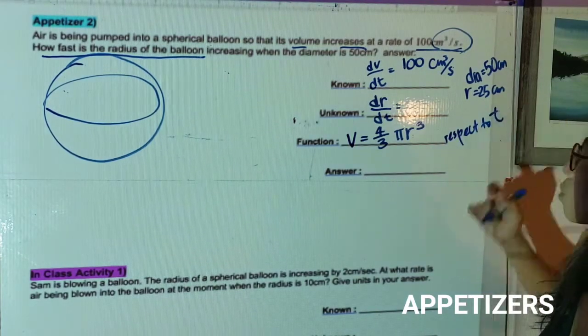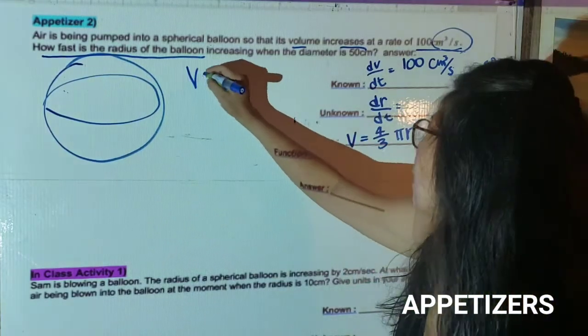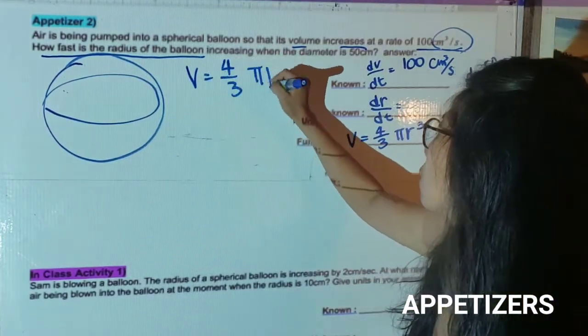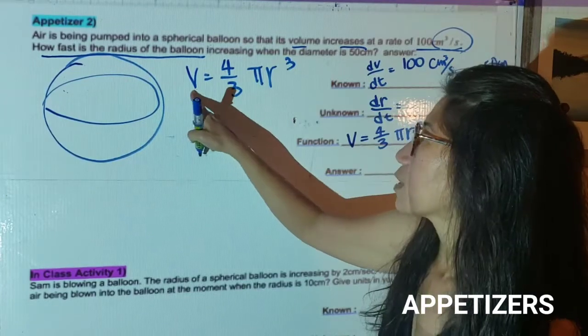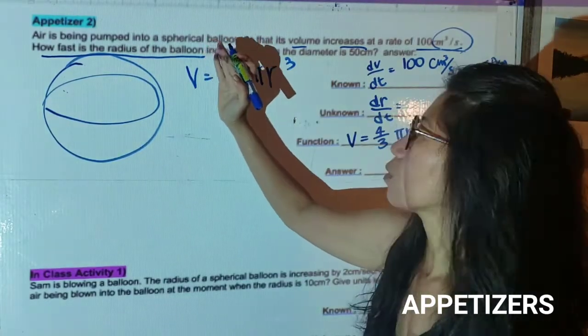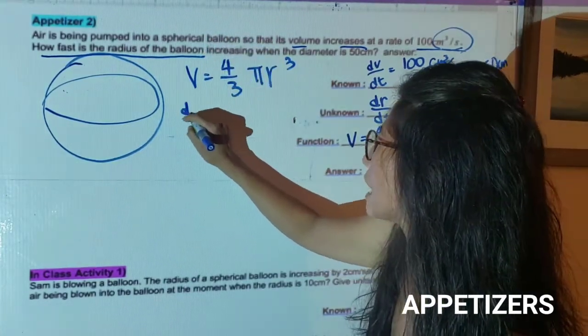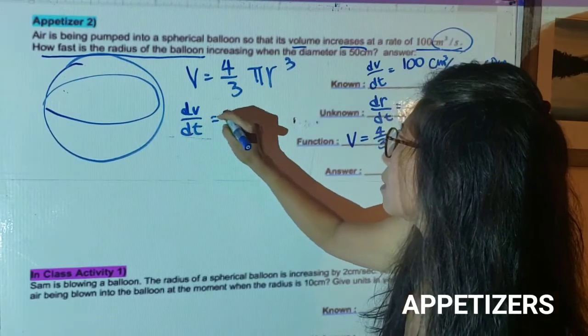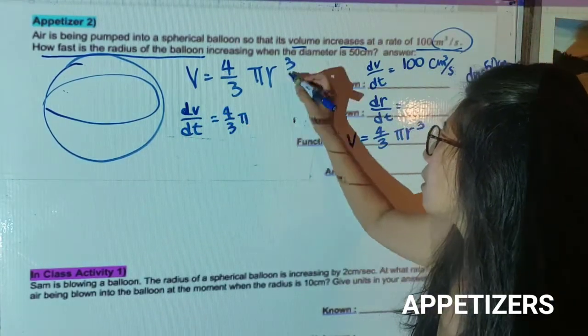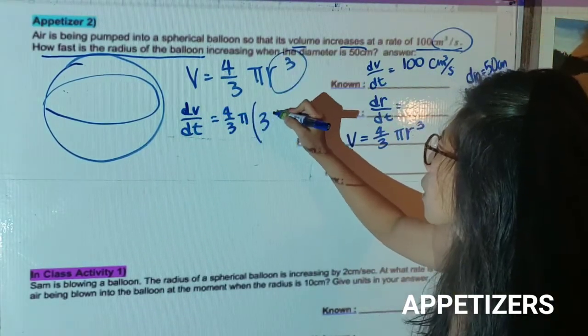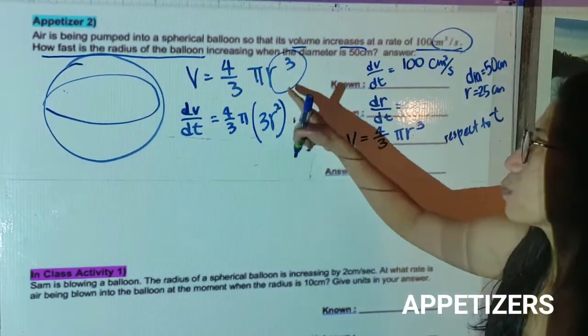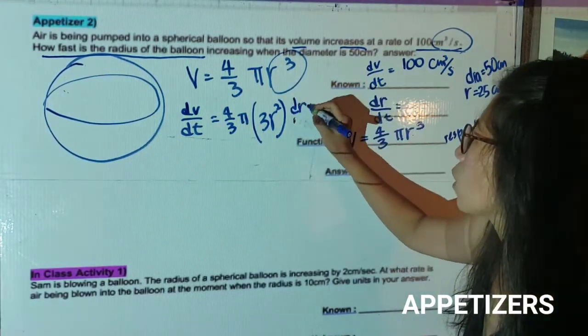If I take the derivative of V, that will be 1, but I took the derivative with respect to t, so I'm going to indicate dV/dt is 4 over 3 pi, and then the derivative of r cubed is 3r squared. But I took the derivative of r, not t, so I have to write it dr/dt.